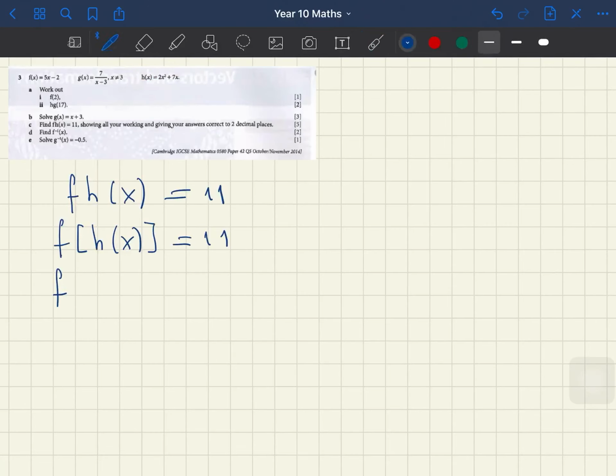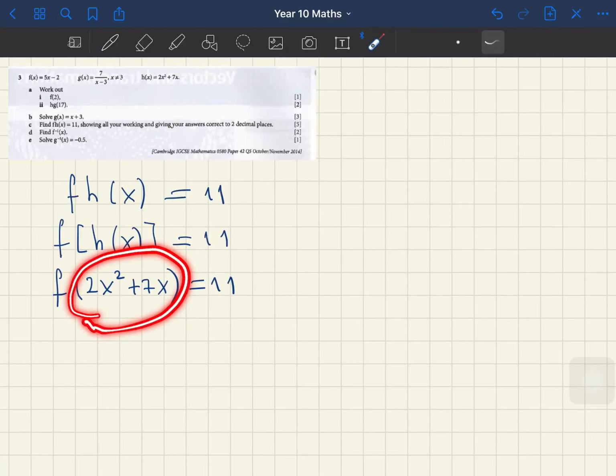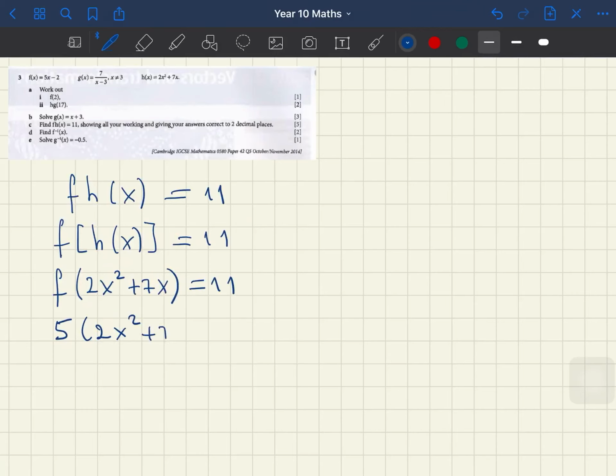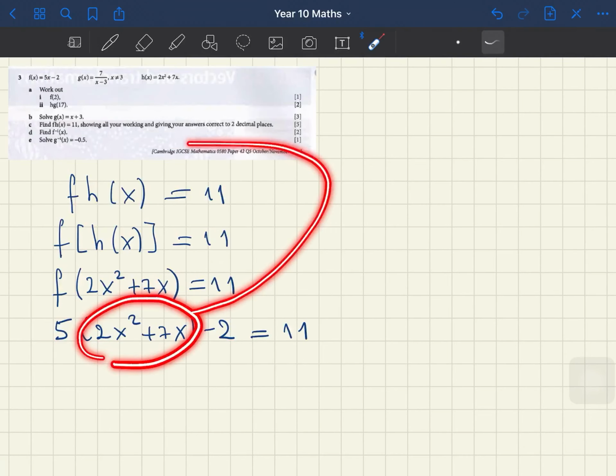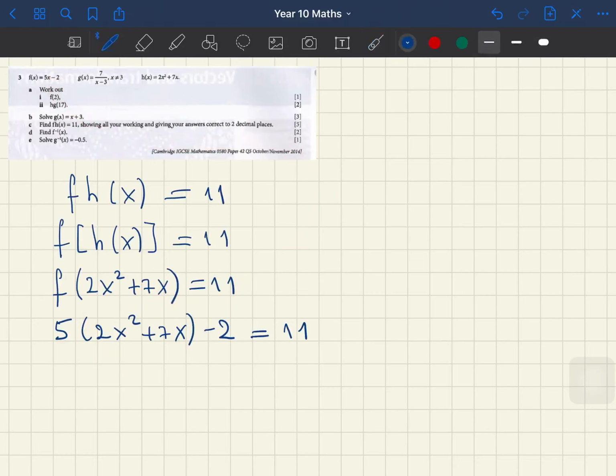So f from 2x squared plus 7x equals 11, and now we have to take this and replace x in f with this, yeah? So we're gonna get 5 times 2x squared plus 7x minus 2 equals 11. You see, we replaced x here with this thing.